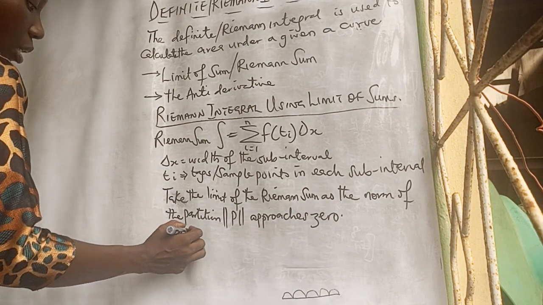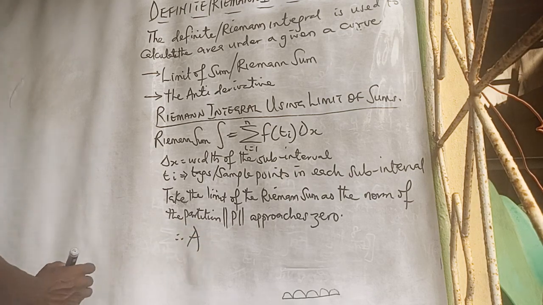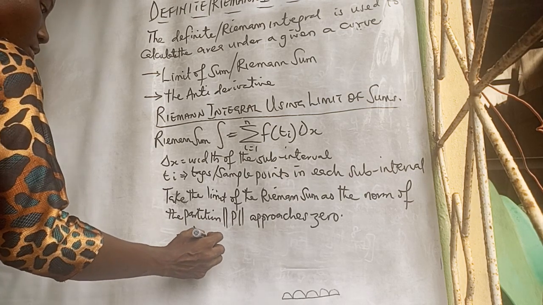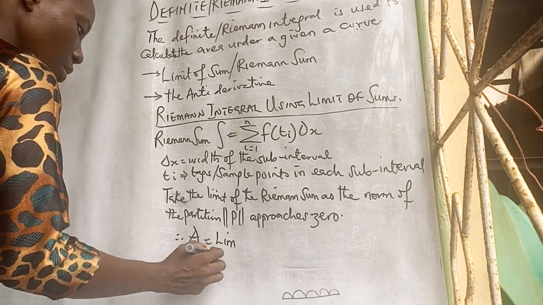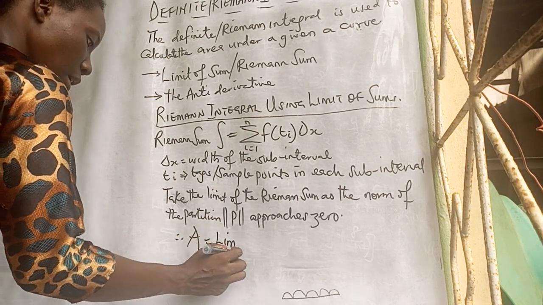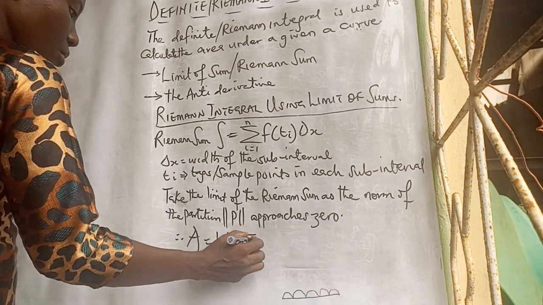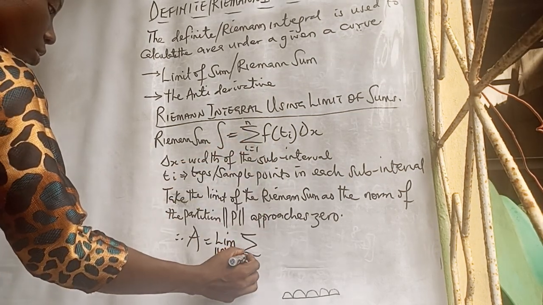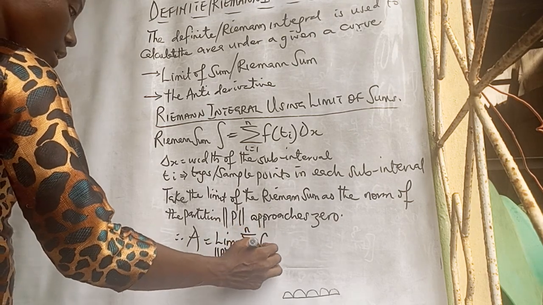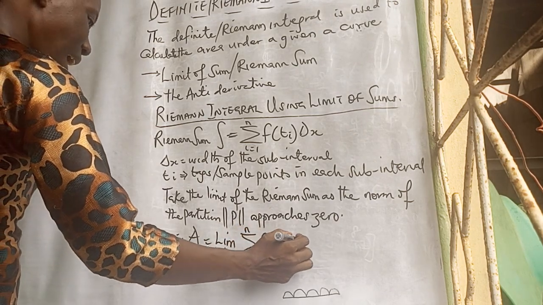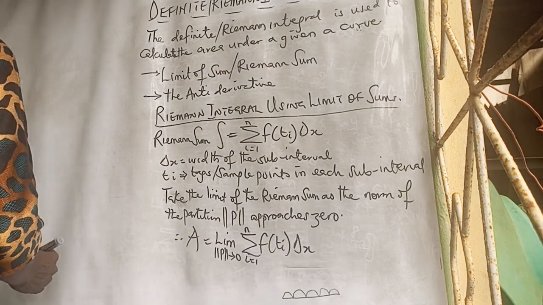Therefore, the area under the curve now becomes the limit as the norm approaches 0 of the summation as i moves from 1 to n of f of t sub i delta x.